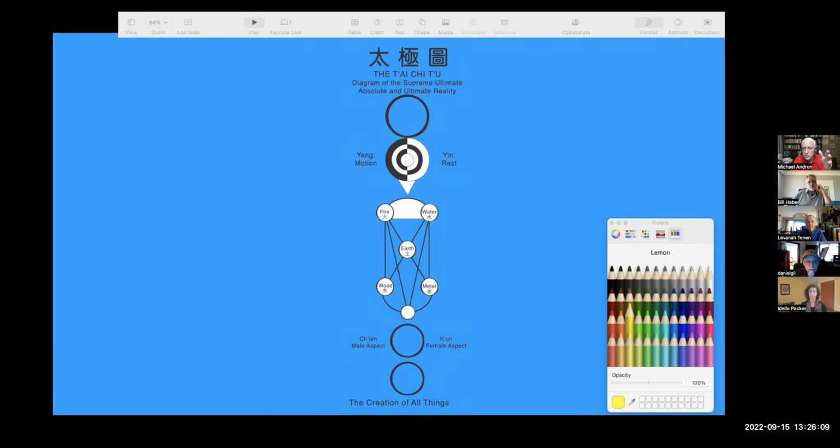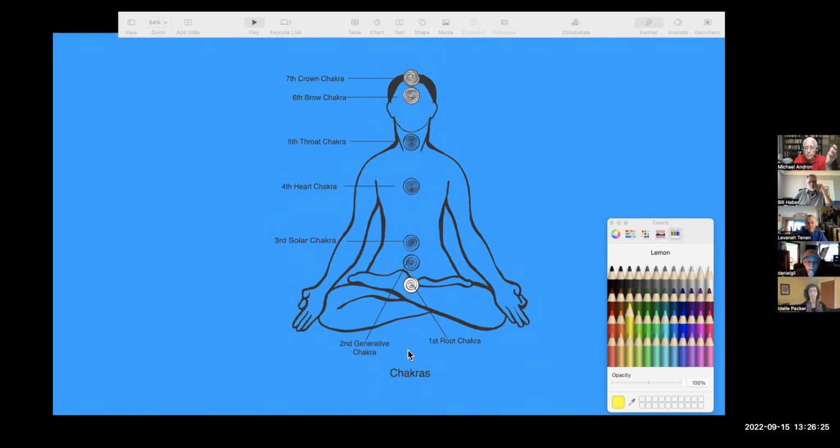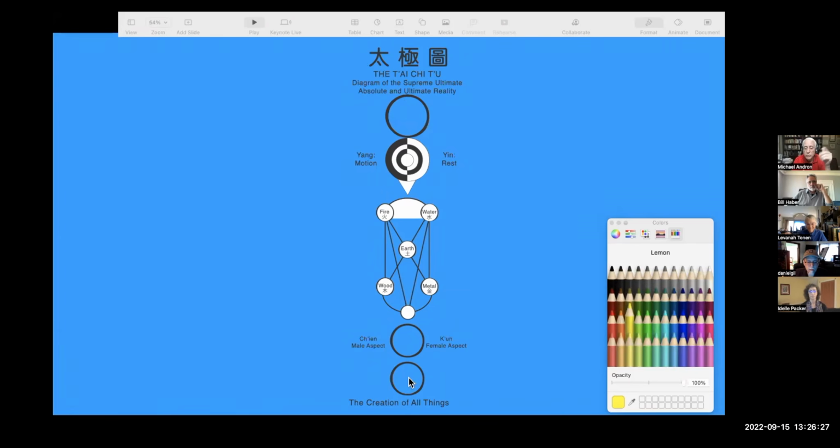In Chinese martial arts and in Chinese philosophy, the Taiji Tu, Taiji meaning supreme ultimate, is the way they looked at the world. And you had 1, 2, 3, 1, 2, 3, 1, 2, 3, and this extra one.